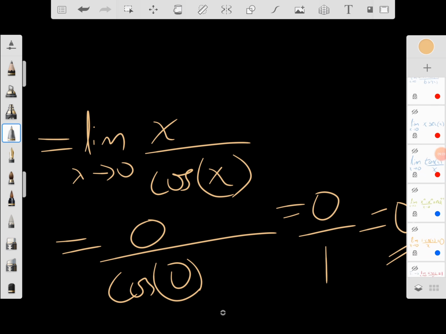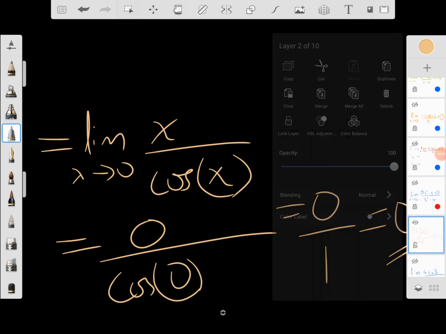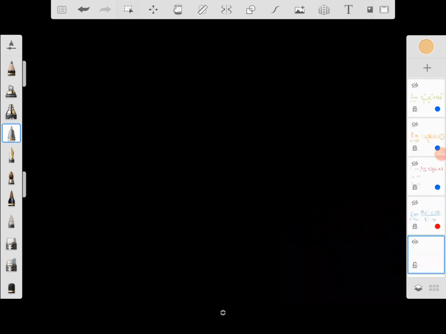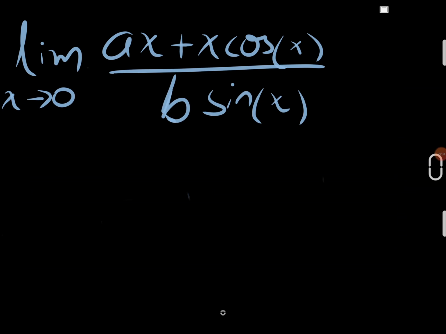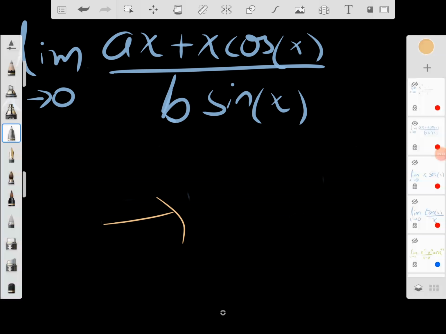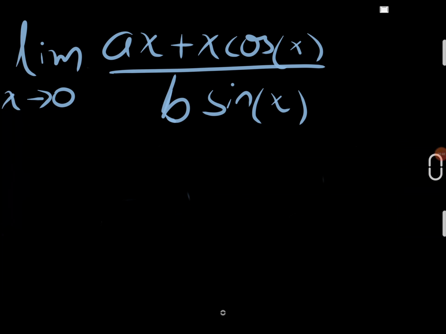So let us move on to another question, and that is ax plus x cos x divided by b sin x, and of course x tends to 0, so how can we solve this? Pretty interesting. Okay, let's see what we can do.